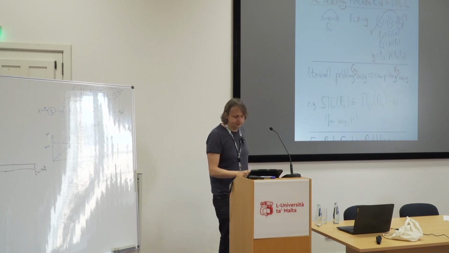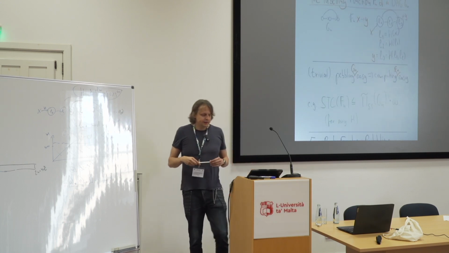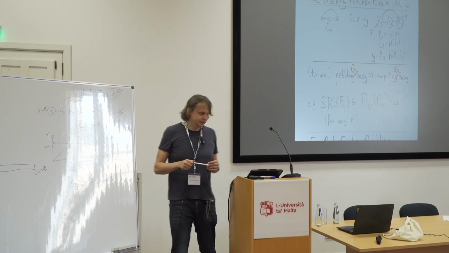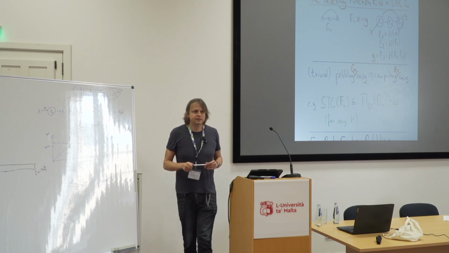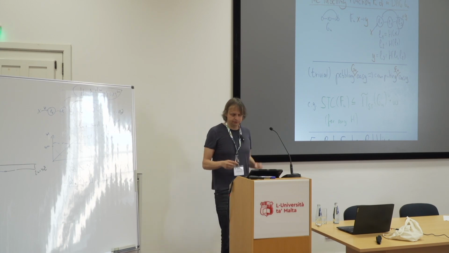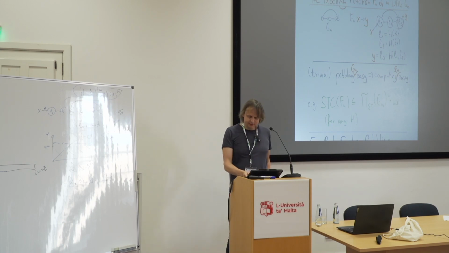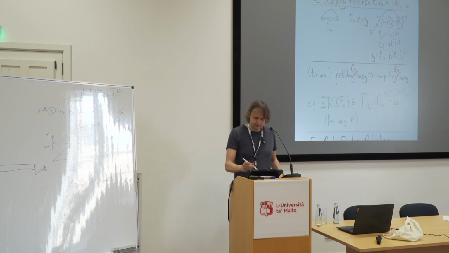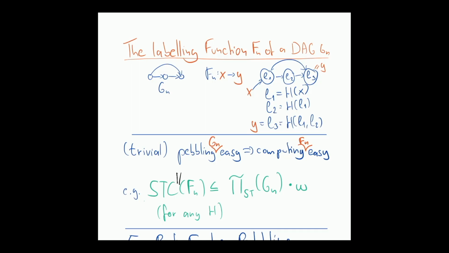Let's first look at the trivial direction, the other one. Namely, if the graph is easy to pebble, then the function is easy to compute. To make a concrete statement, let's say the space-time complexity. As said, if you want, you can make it parallel. Instead of space-time, you can also take CC, whatever you want.